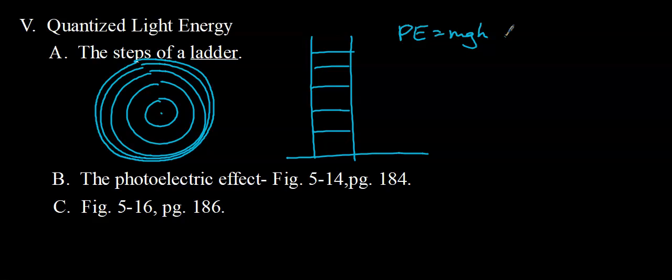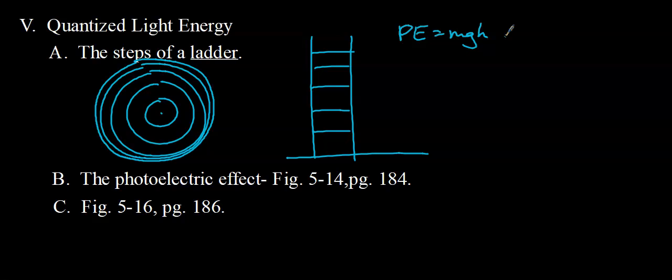And so again, the point here is that the electrons can exist only certain distances from the nucleus. If the electrons could exist at any distance from the nucleus, you wouldn't see what you see on page 186. You would get something known as a continuous spectrum, not a line spectrum. All the colors of light given off. That's not the case. Electrons can only be certain distances from the nucleus.